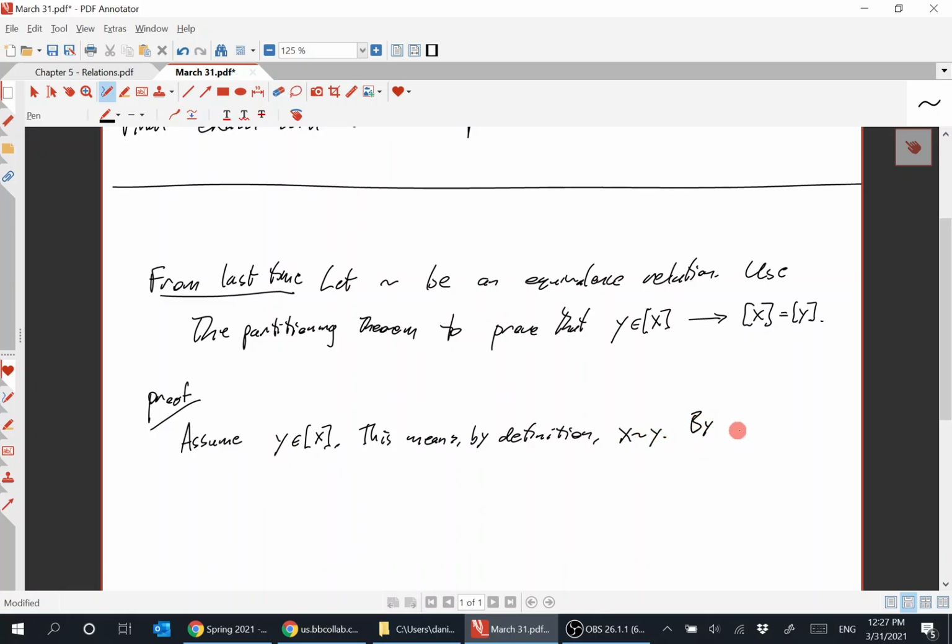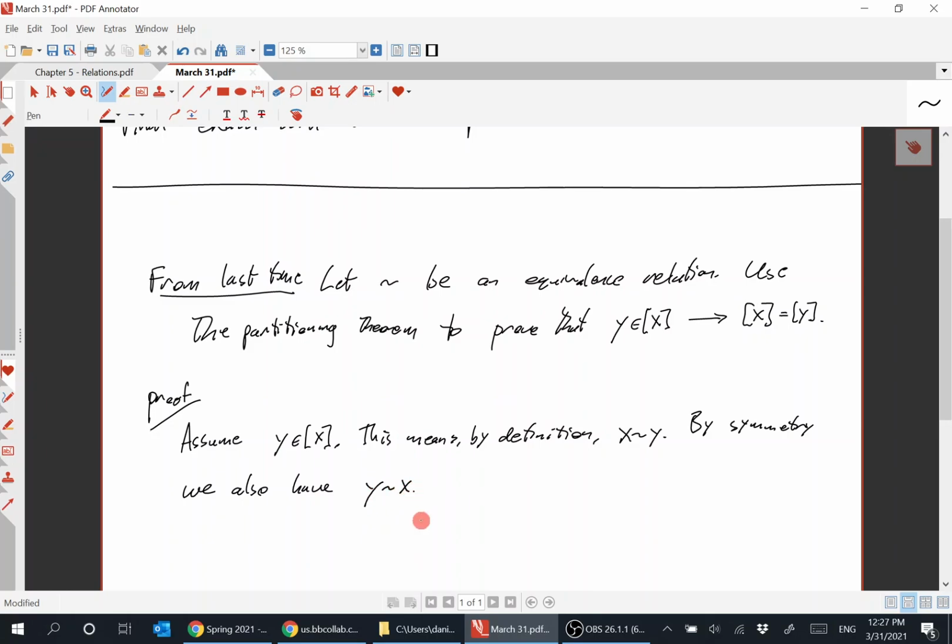By symmetry, we also get y is related to x.